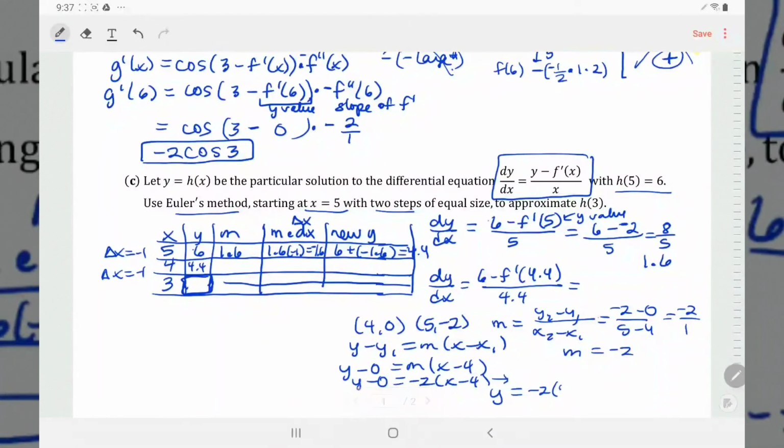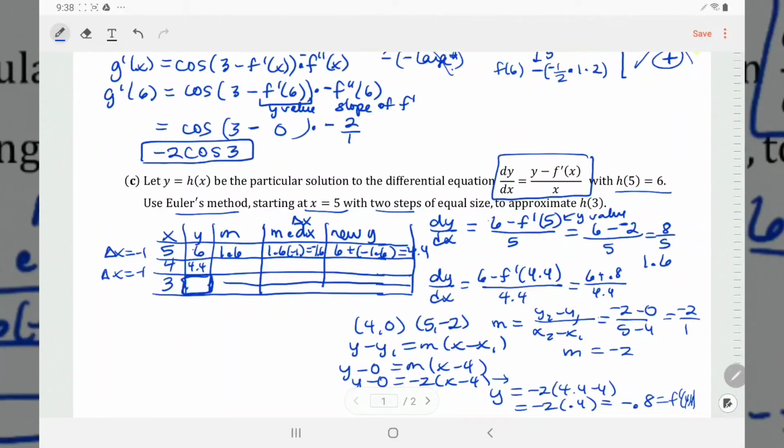So that would be 6 minus -0.8 over 4.4. Okay, definitely I'm using my calculator at this point. Okay, so 6 plus 0.8 and then divided by 4.4 is, I'm going to change to a fraction, 17 over 11. We'll have to check with the answer, see if I did it right.